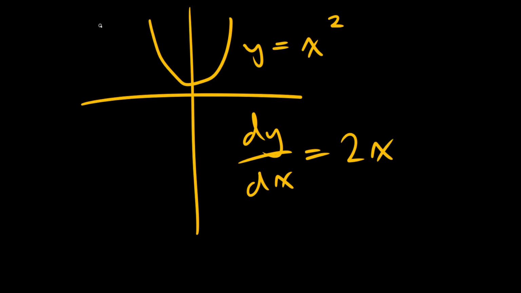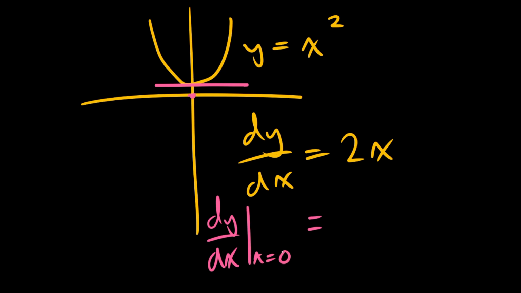So let's say we want to find the slope at x equals 0. So x equals 0 here. We can see that the slope is 0 because it is not increasing nor decreasing. If we plug in x equals 0 into dy/dx, you'll see that 2 times 0 equals 0. This checks out.